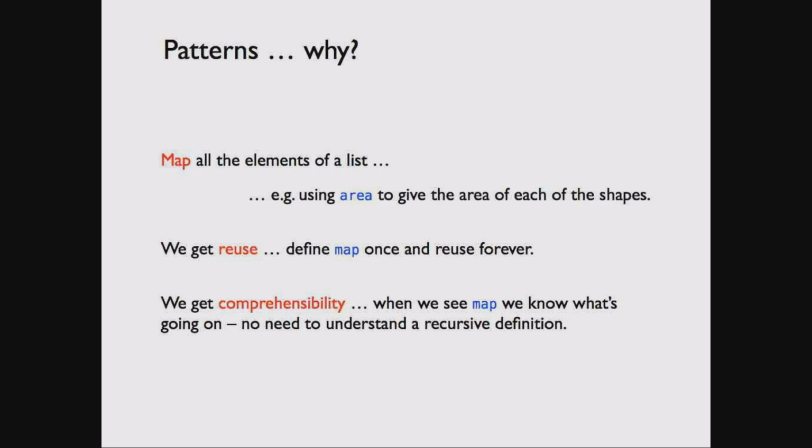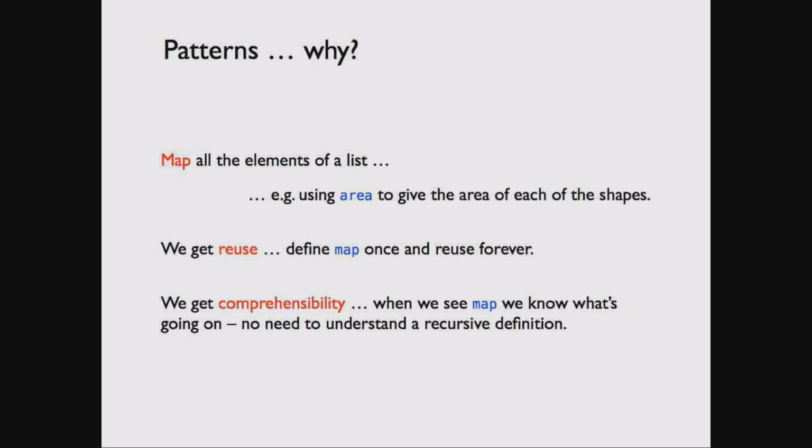But I think the second reason is perhaps the more important one. It doesn't take long to define a map for ourselves. But the crucial thing about using the built-in map is that we make our definition that much more comprehensible. When we see a map, we know what's going on. We don't have to understand the recursion, we just know we've got a map. What we're doing is applying this function to every element of the list.